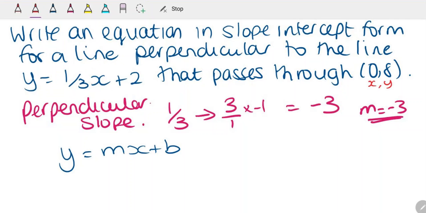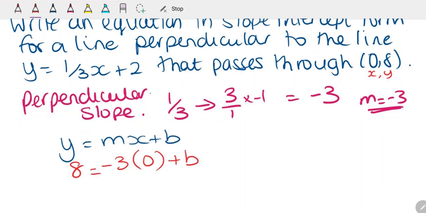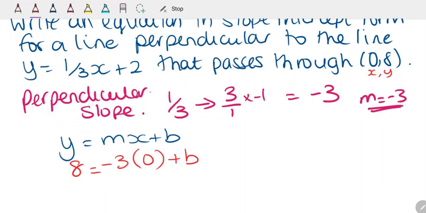So our y value is 8. We know it's -3 for the slope. And we're going to change our x value to 0. And we need to work out and find b. So -3 times 0 is just 0. So b is equal to 8.